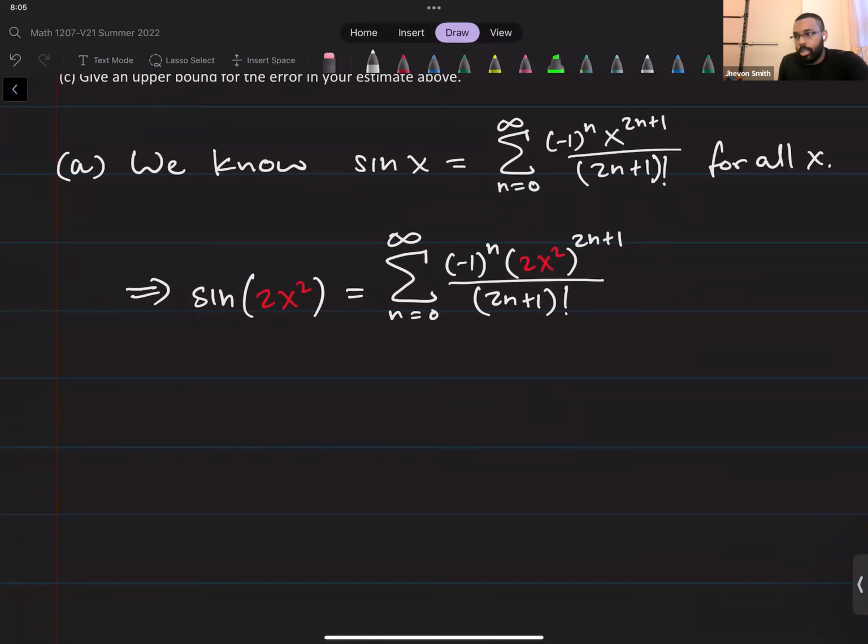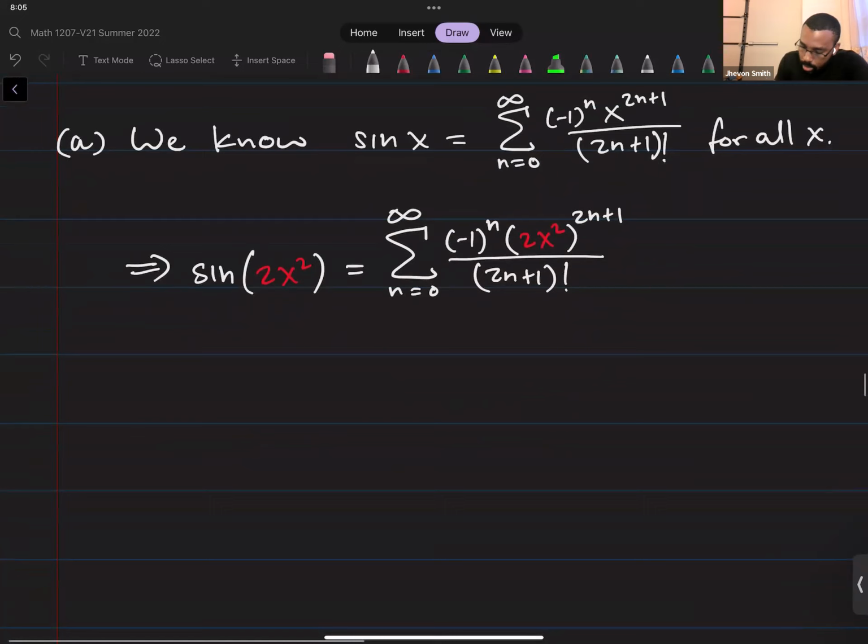Now at this point, I'm going to clean this up a little bit, because I can see that in future parts of this problem I'm going to need to do some calculations. So I might want to look at this in a different way. I know that's going to cause an alternating sign. This will be 2 to the 2n plus 1, so it's always going to be 2 to an odd power.